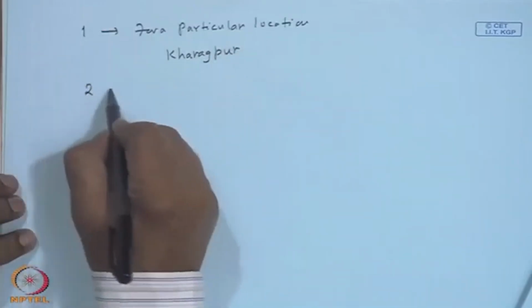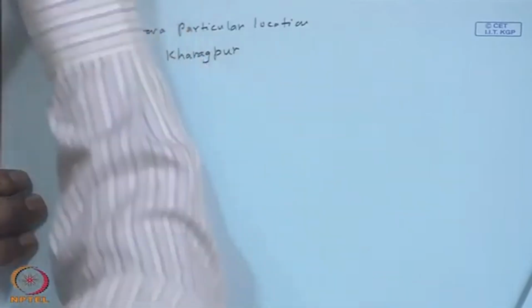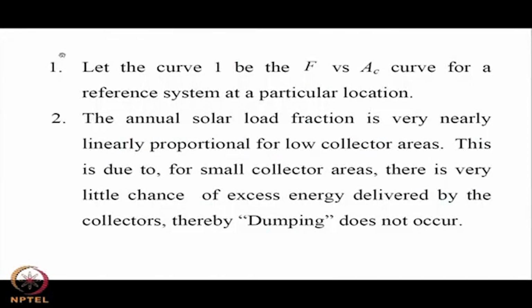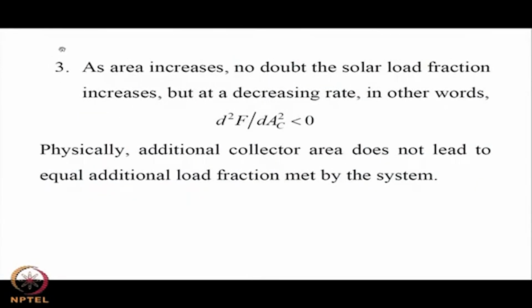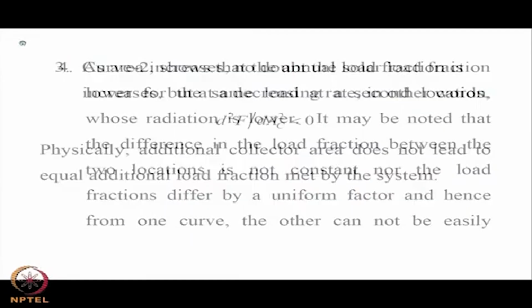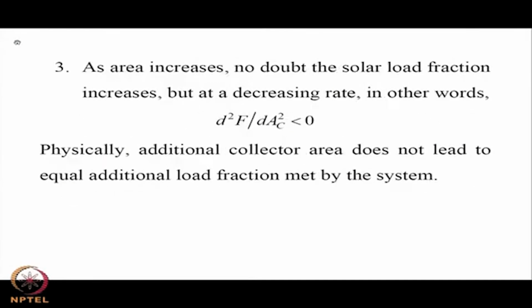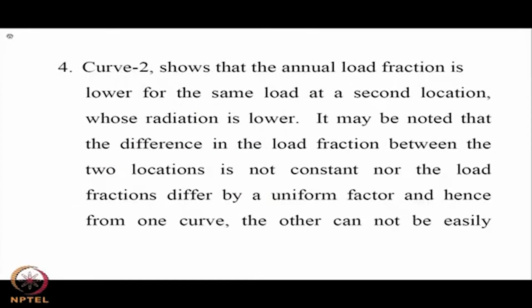And 2 is at a different location; these features I have already commented on. Now, this curve 2 is lower than the curve 1. So, the solar load fraction at the same area is lower for curve 2.